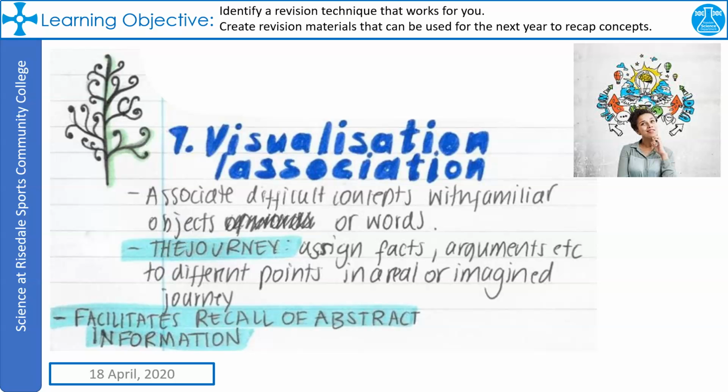So they close their eyes and imagine they're going through a journey in their house or a journey through their town, and they keep the information they have to remember on different parts of the journey, so that when they recall that journey in the future, they can then remember the facts along with that journey. It might be something that interests you. I haven't put a video on, but I am almost certain that if you Google it or look it up on YouTube, you will find more stuff about memory and visualization.